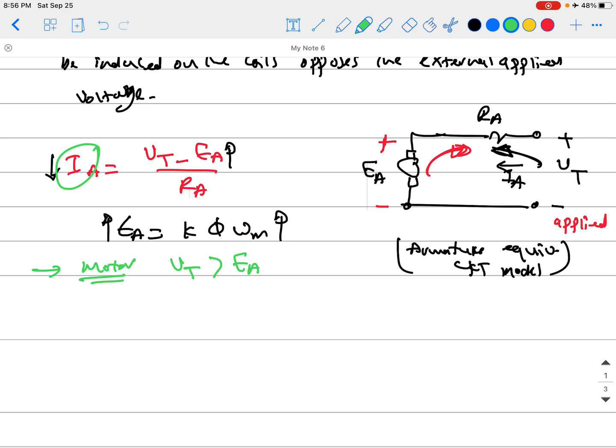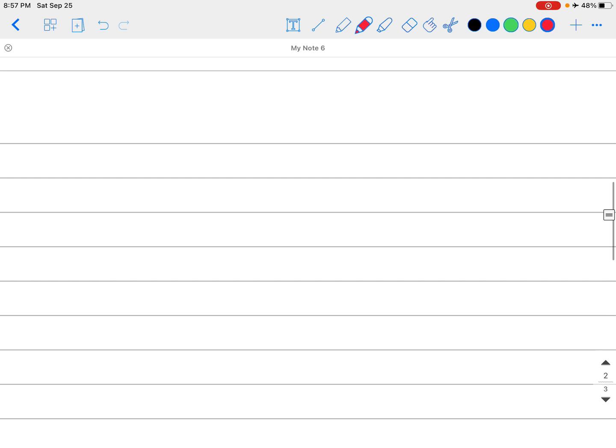And while V terminal is higher than the induced EMF inside the machine, the current will have this direction, going from the source, the applied voltage, inside the machine to create the torque, and that's how it's considered a motor. Okay, guys? But what about the generators?